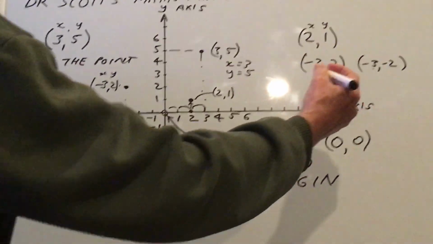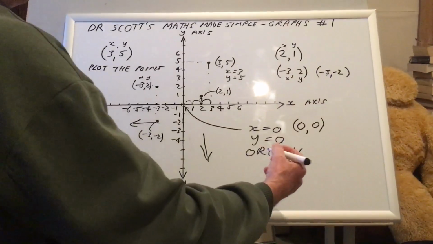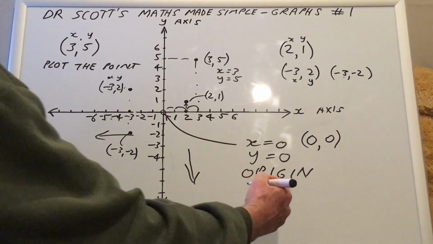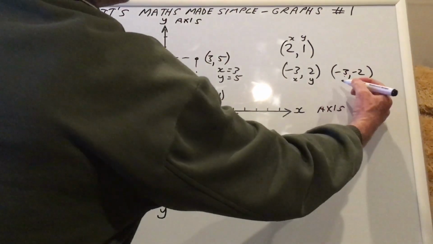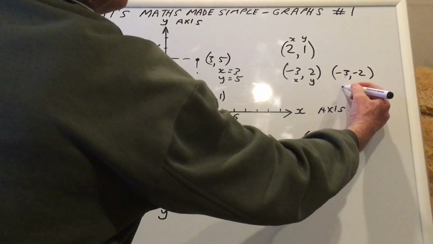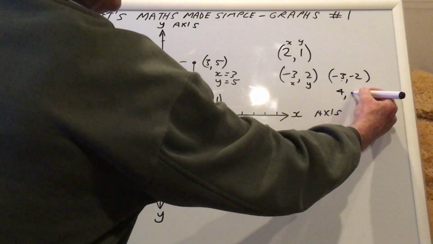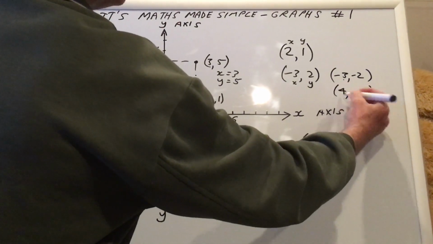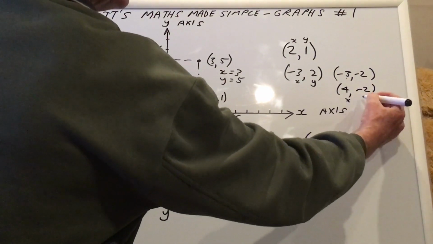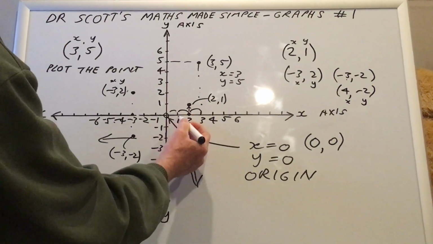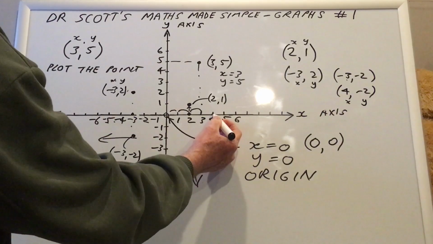And then of course there might be a positive X and a negative Y, which is the only one we haven't done. So a positive X, say 4, and -2. Plot that point. Well, we know 4 is the X and -2 is the Y. So we go 1, 2, 3, 4 to here.